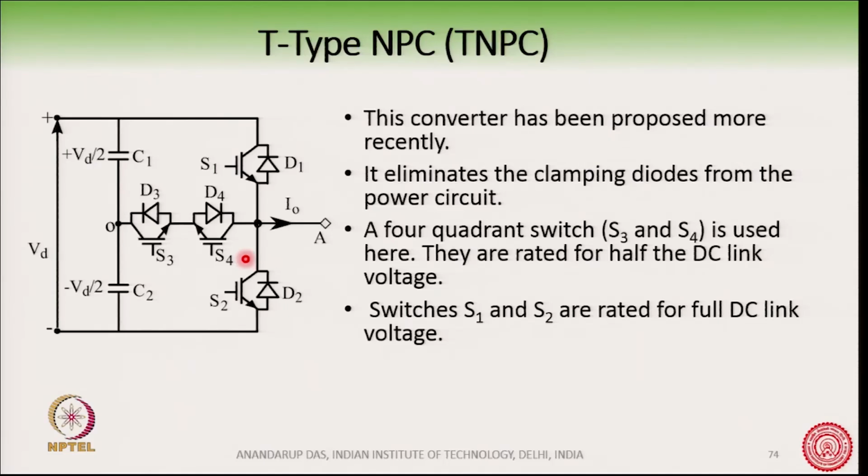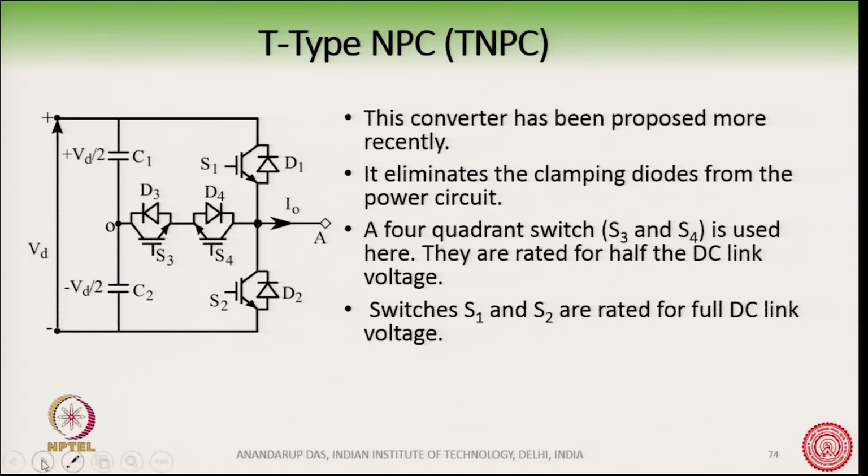It can also block bidirectional voltage. So, if I turn on S1, the plus voltage will come here. The plus voltage will come here, and if I turn off S3, then this device will not conduct. Okay. On the other hand, if I turn on S2, then the minus voltage will come here. So, therefore, we can say that this switch is a 4 quadrant switch, rated for half the DC link voltage, but switches S1 and S2 are rated for the full DC link voltage.